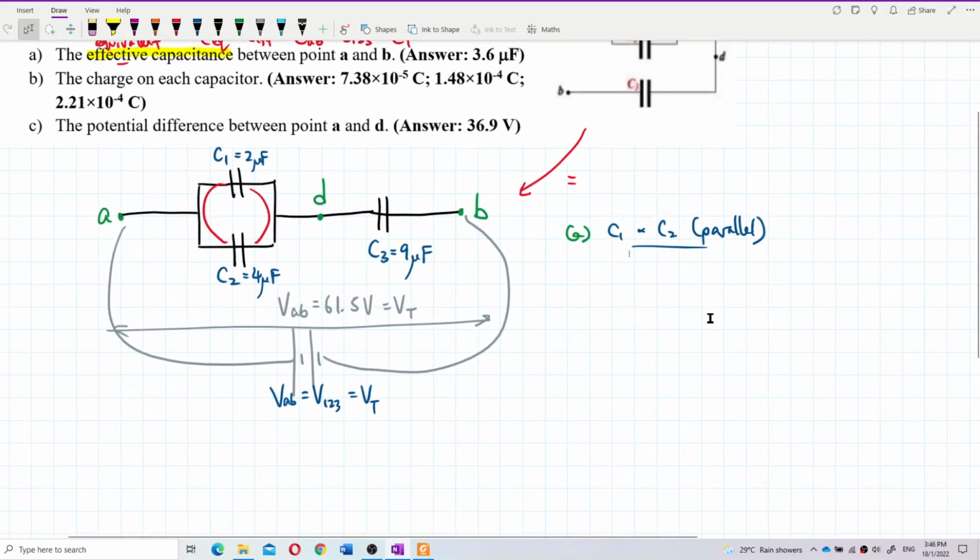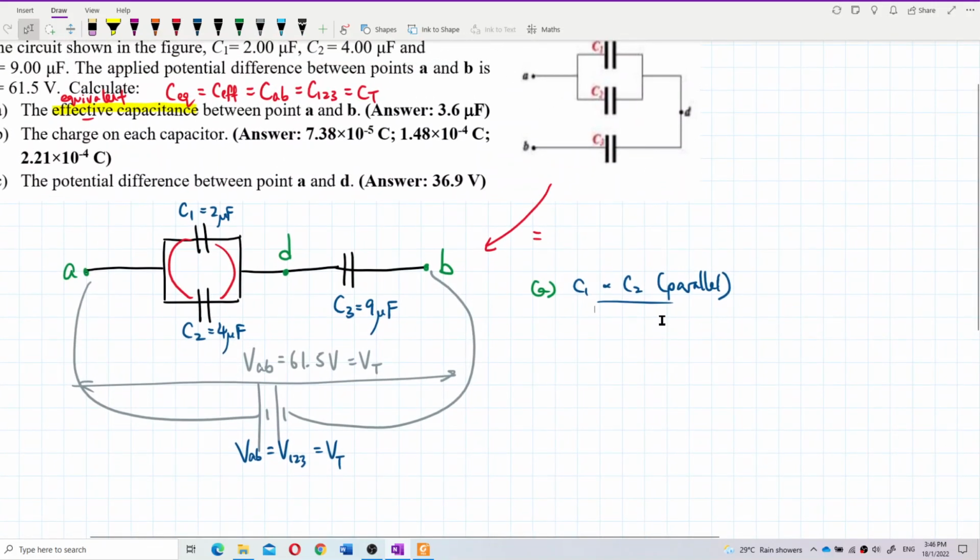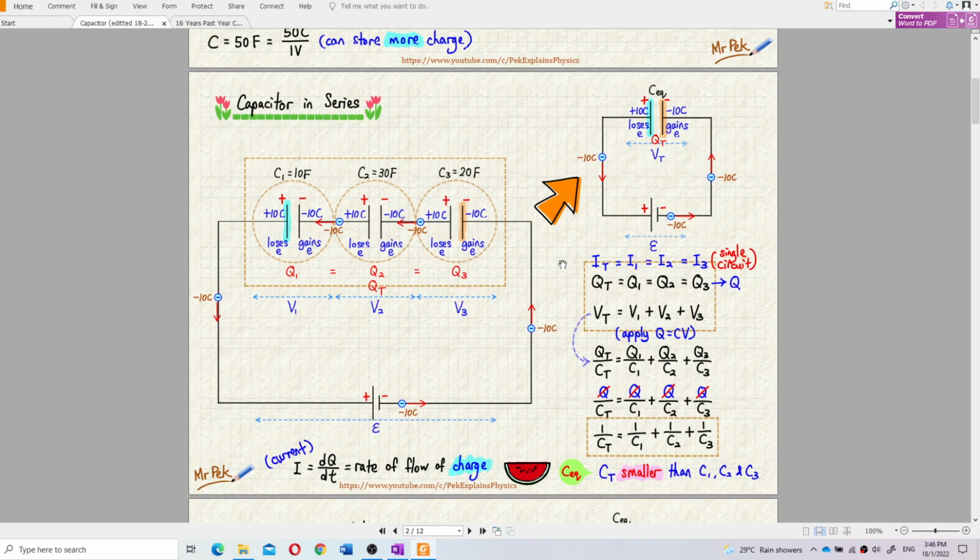So what's the formula for finding capacitance in a parallel combination? We know that in parallel combination, the capacitor becomes stronger. So it must be plus, C1 plus C2, isn't it?